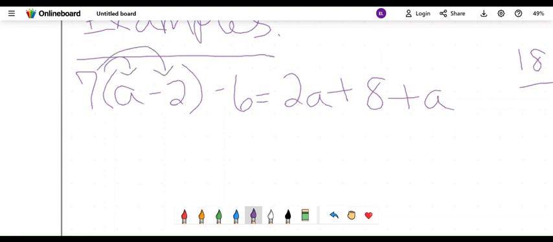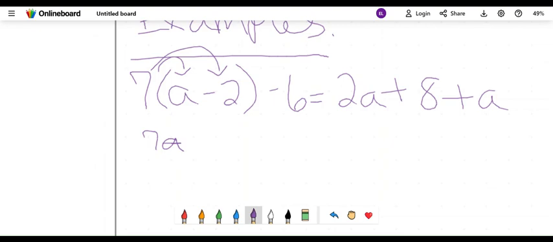Okay, so we'll have 7a minus 14 minus 6 equals 2a plus 8 plus a. Okay, so first we have to combine like terms.